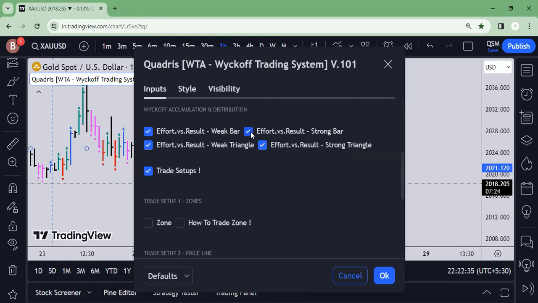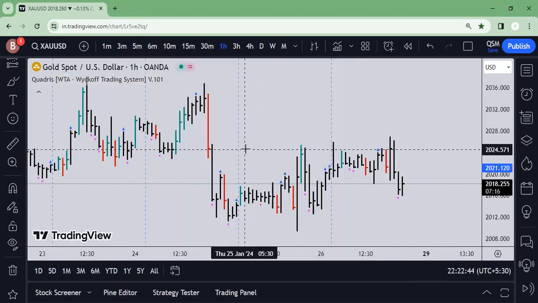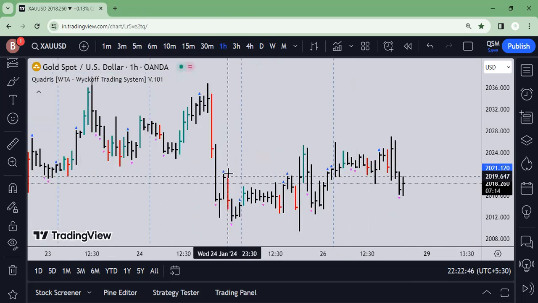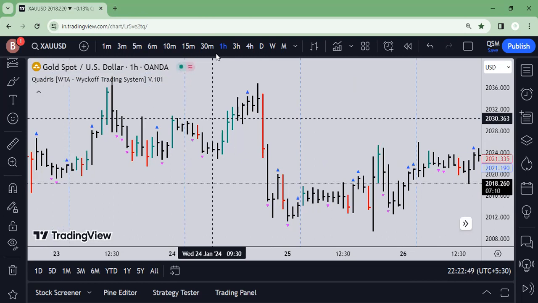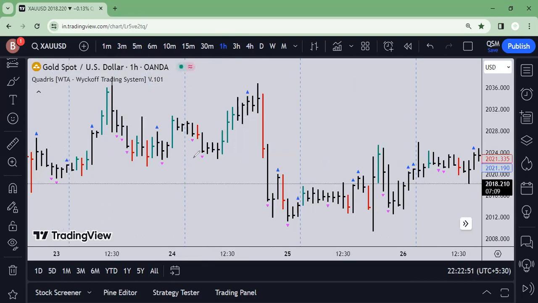Here, I only take strong bars and weak triangles. My intention behind this setting is that I want to see weak pullbacks in a strong market. Like here, this was a selling, there was a weak pullback over here.